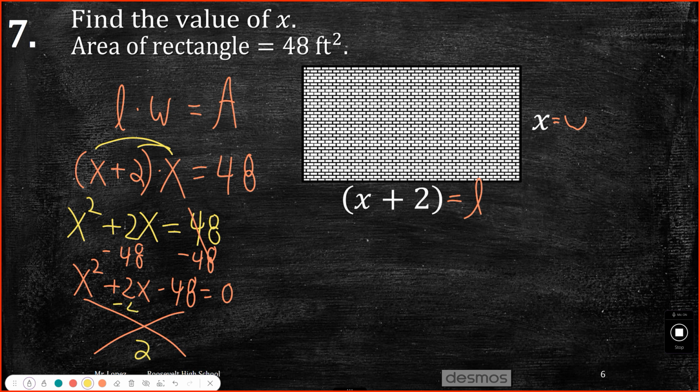Negative 48. So now what are the two numbers that multiply to negative 48 and add up to 2?